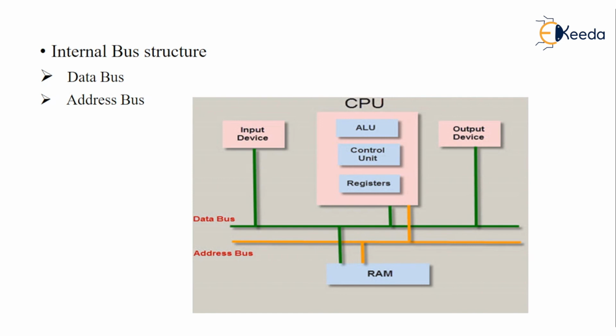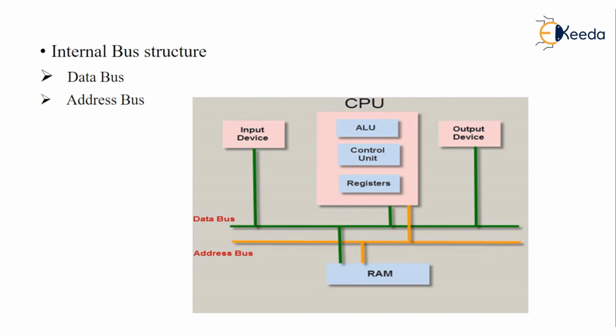You can carry data from an input device to the microcontroller, or processed data from the microcontroller to output. If I want to store data in external memory, I use the data bus to store any executable or stored data. Then the address bus carries the address of a particular memory location, input device, or output device.